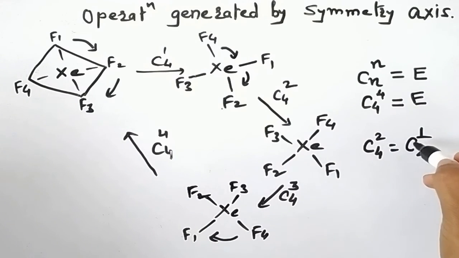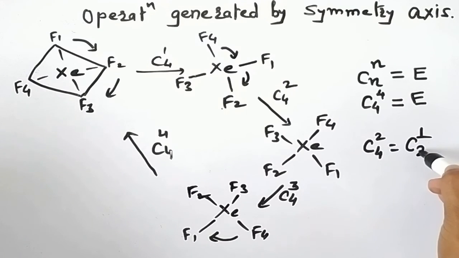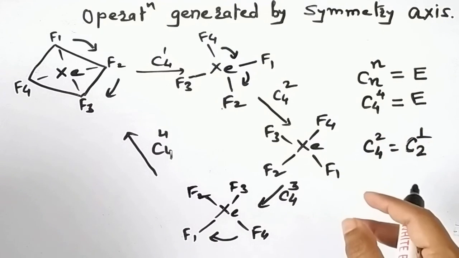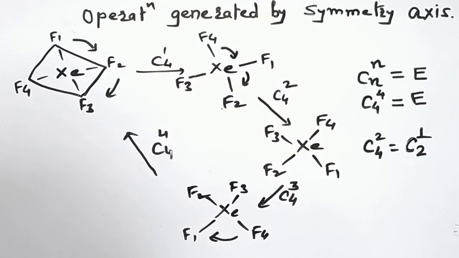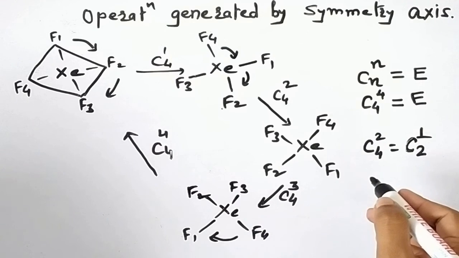So operating C4 twice is equal to operating C2 once. This is the beauty of these symmetry operations, that we get new rotations or new operations which we don't generally see, but they are present here. Next time we'll learn more such new elements in our examples.